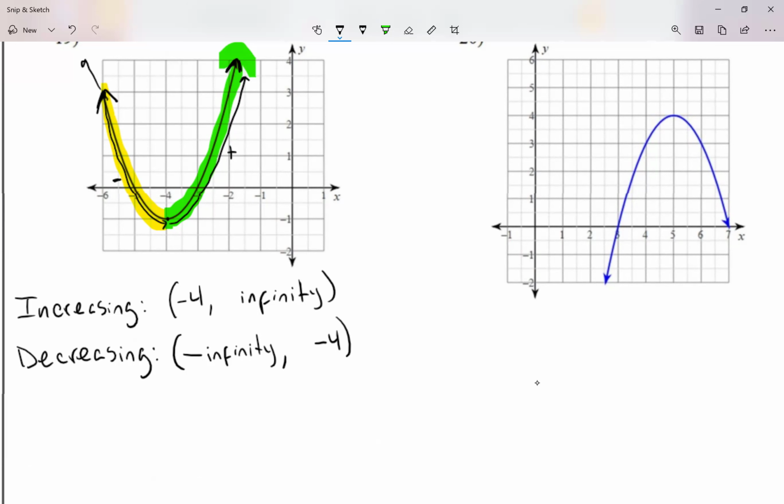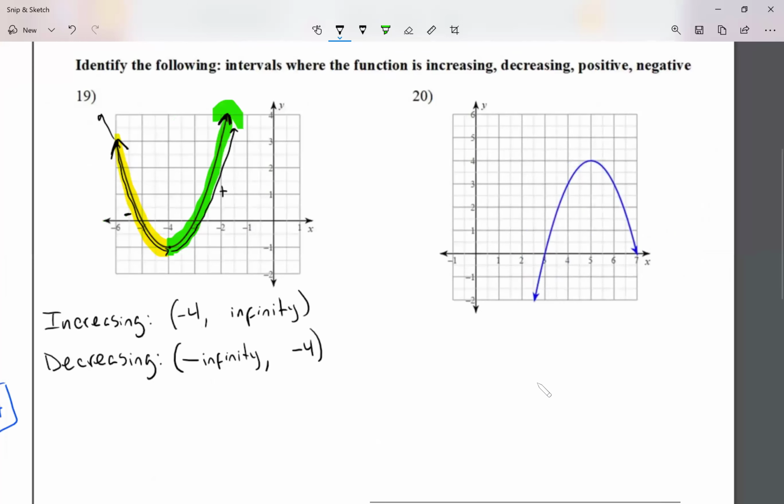Let's take a look at number 20. Let me do that again on number 20. Okay, so I'm going to ask for increasing and decreasing. Remember, increasing means going up, decreasing means going down.